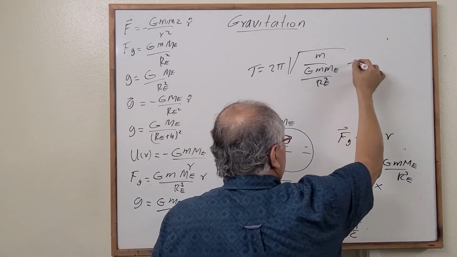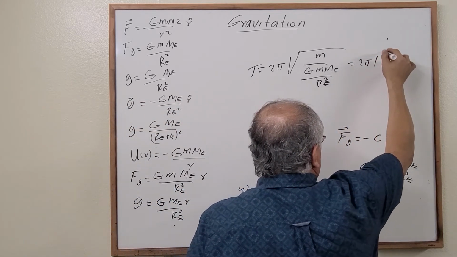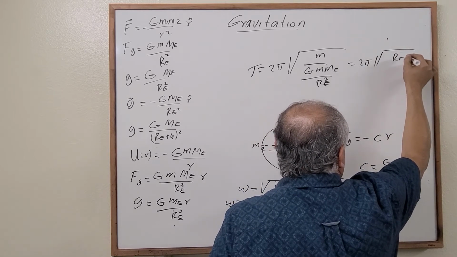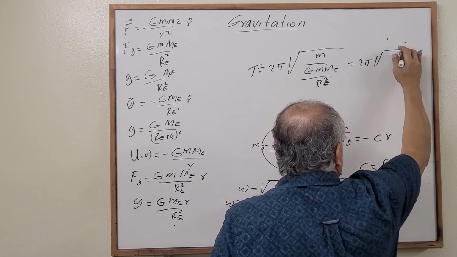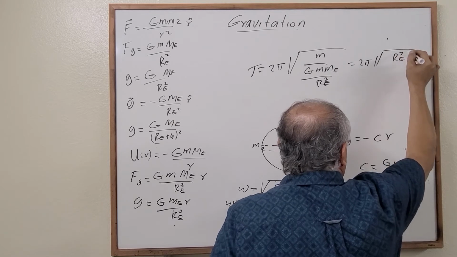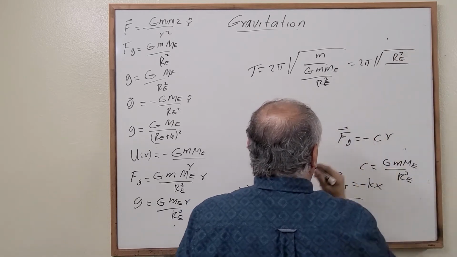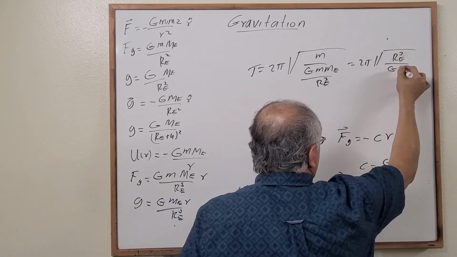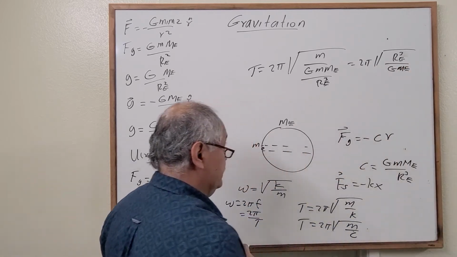What is this? This is equal to 2 pi the square root of R, radius of the Earth, cubed, divided by G mass of the Earth.